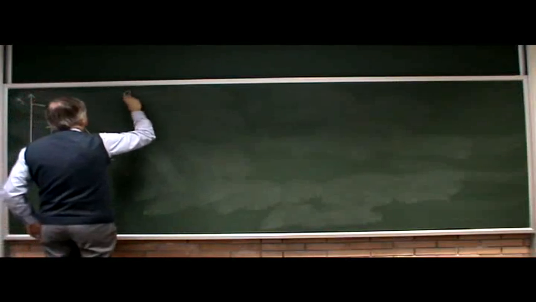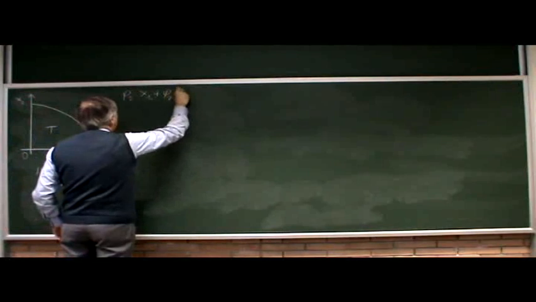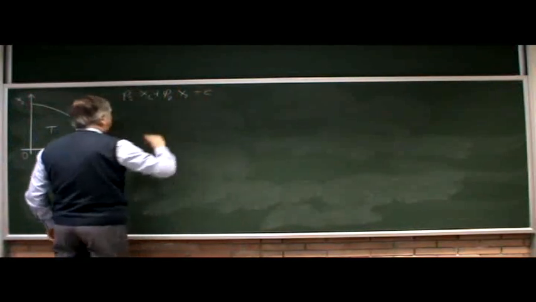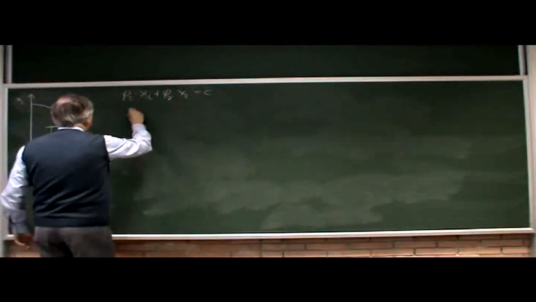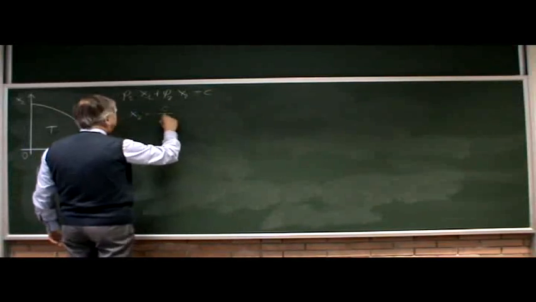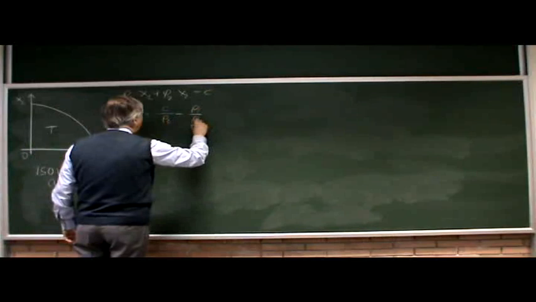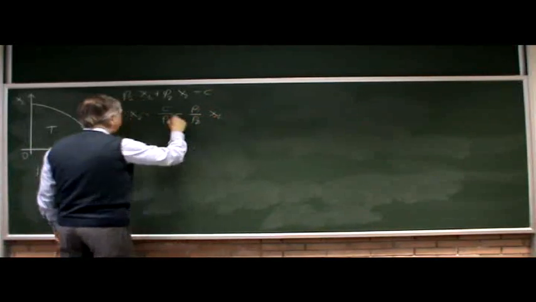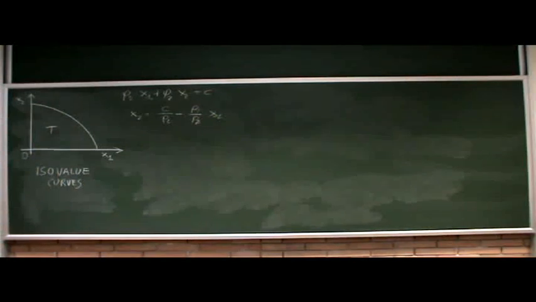Iso-value is nothing but P1 times X1 plus P2 times X2 equal to a constant C. By resolving this equality for X2, we obtain C over P2, or clearly, if P2 is a positive number, minus P1 over P2 times X1. We obtain a straight line, the locus of all the pairs X1 and X2 which give the same total value.